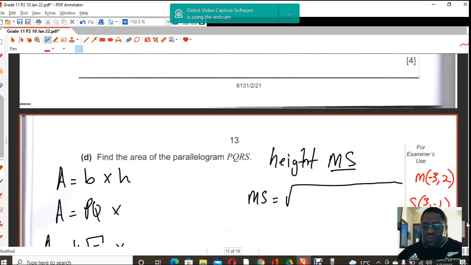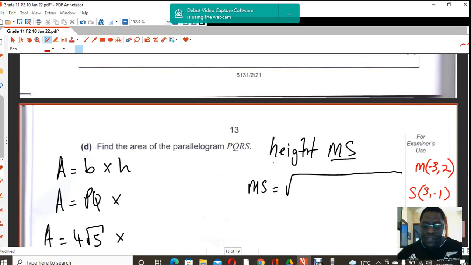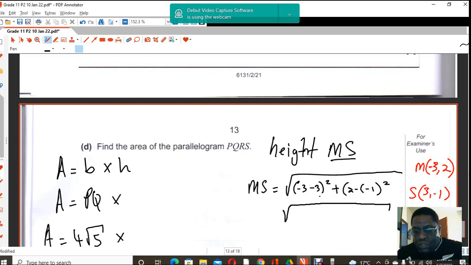All right, so now I can actually find the distance of MS. I'm going to use Pythagoras. So the x value is negative 3 minus 3 all squared plus 2 minus negative 1 all squared. That gives me negative 3 minus 3, that's negative 6 squared plus 3 squared.